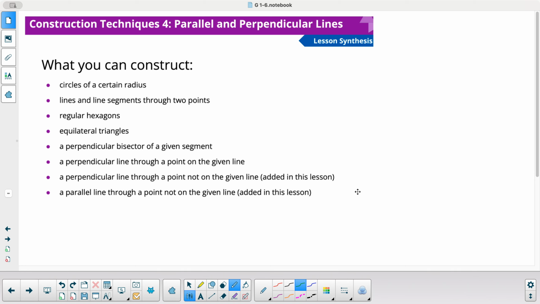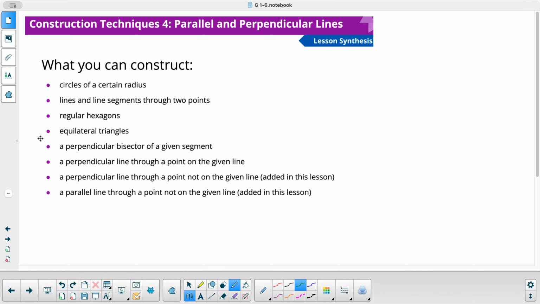All right, so let's take a look at what we can construct. This is just a review. Circles of a certain radius, you just measure the segment and construct the circle wherever you want it. Lines and segments through 2 points. So that's just connect the points. Regular hexagon and equilateral triangles.